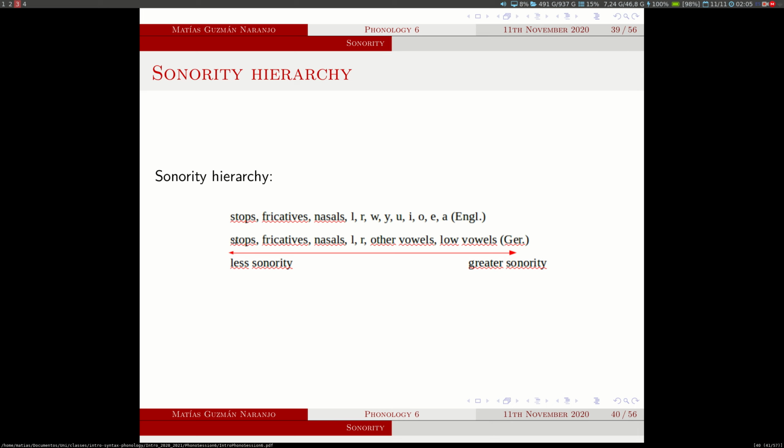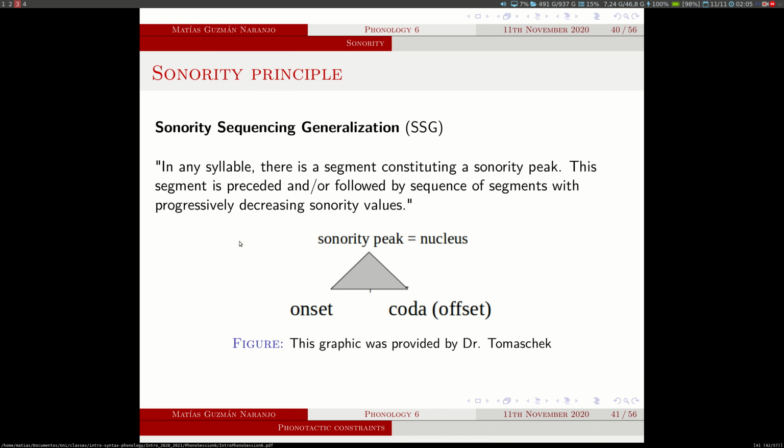So an S comes before a T in this case, and also after the P, where I think S should be more sonorous than P or T. So reversals happen. This idea of the sonority hierarchy is more of a tendency than a strict rule.